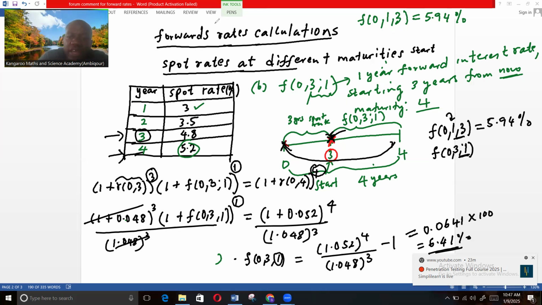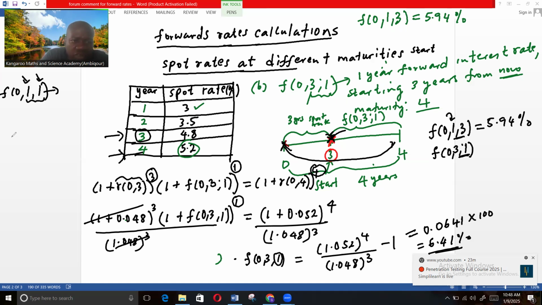For example, let's say you have F(1,1). Remember, this is the start, and this is the duration. So it's a 1 year forward interest rate, which has started 1 year from now, and there's a maturity of 2 years because it's this 2.